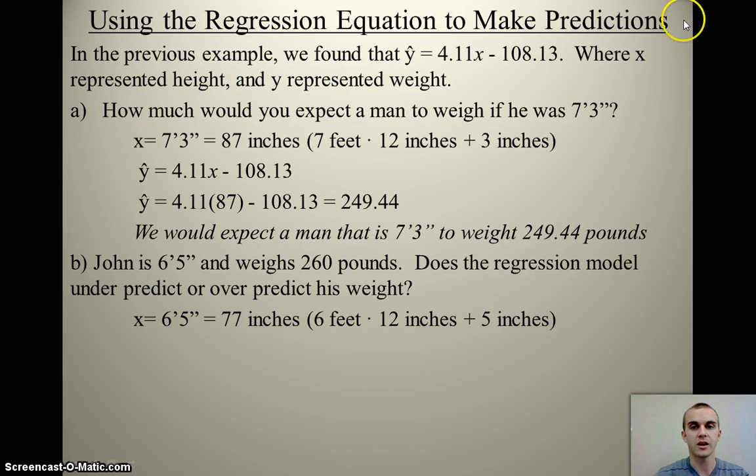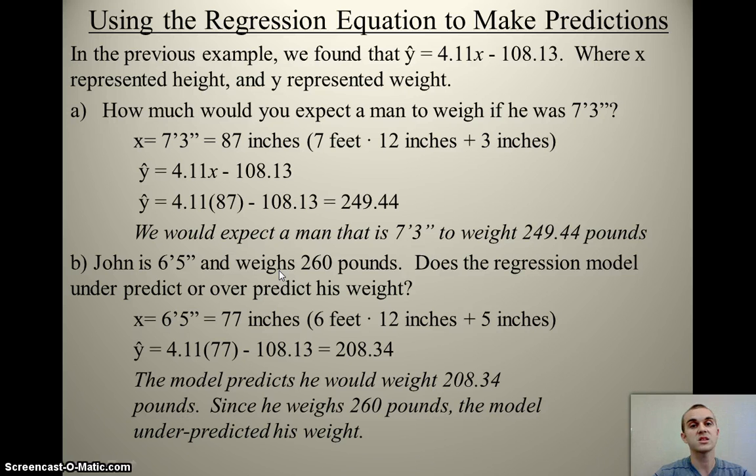Plug it into my regression equation, and I get that they predict his weight should be 208.34 pounds. Now if I look, 208 is much smaller than 260. So in this case, the model predicts he'd weigh 208.34 pounds, but since he weighs 260 pounds, the model is under predicting his weight.